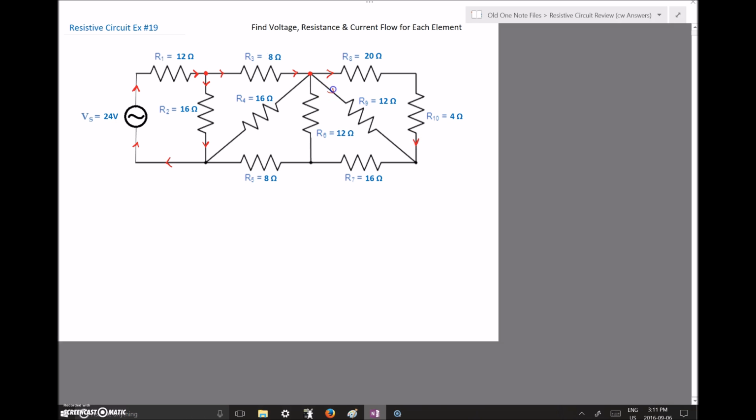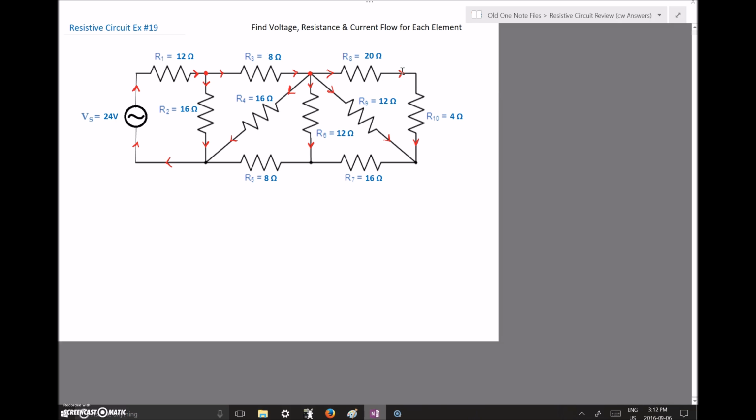It also goes through R9 here, goes down through R6, and then depending on the way you're looking at it, comes back here through R4. Okay, excellent. So now we've got all of our currents through each of these other resistors.